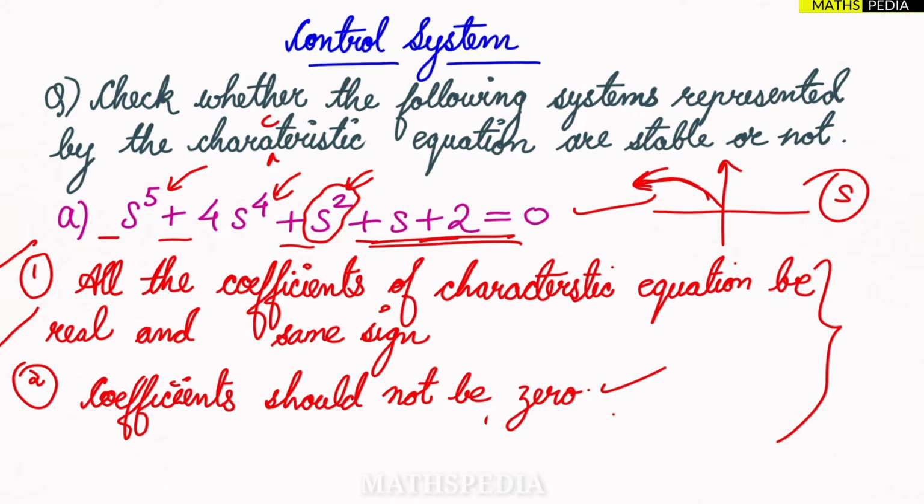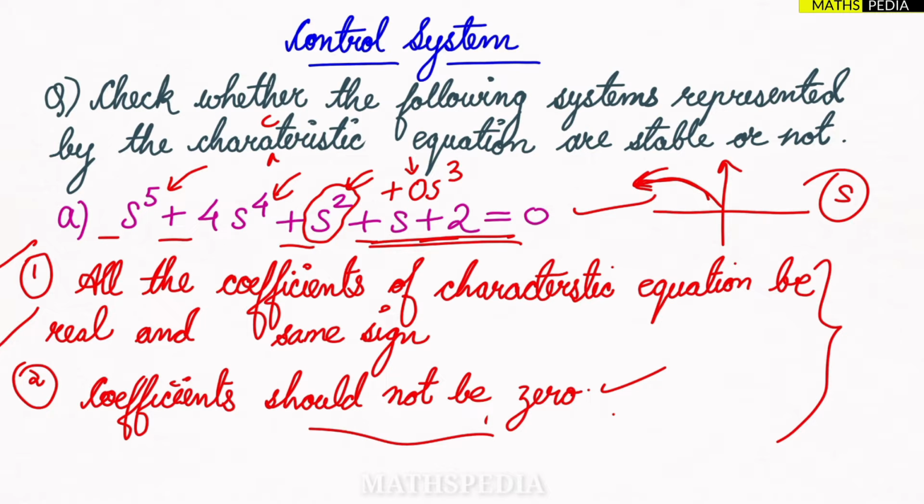That means if s power 3 is not there, we can add it by writing 0 s power 3. Yes, it is possible. But the thing is that 0 has come as the coefficient of s cubed. What I said here is that the coefficient should not be 0. Here, since that term was missing, we tried to bring in s cube by adding a coefficient, and that coefficient is now 0.